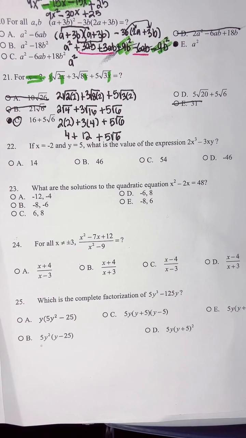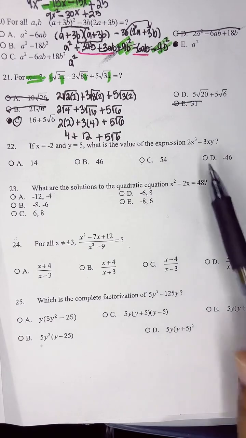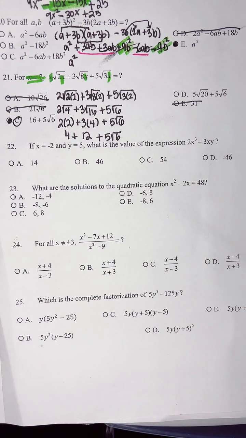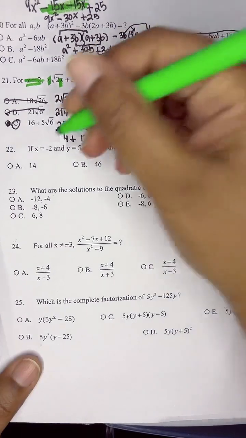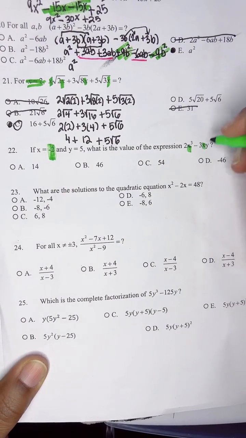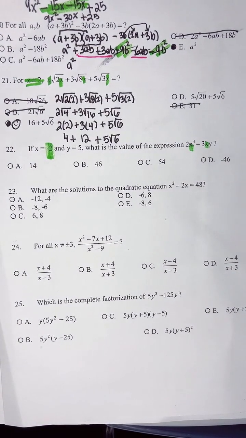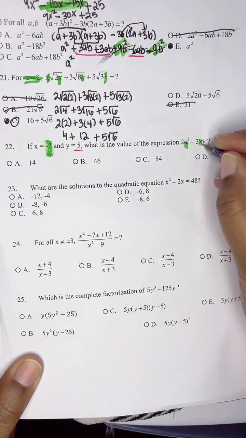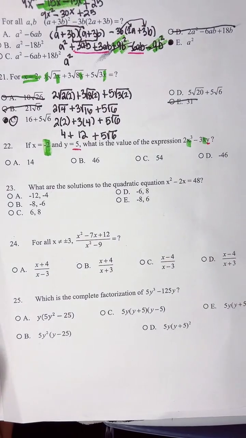Number 22. If x equals -2 and y equals 5, what is the value of the expression 2x to the third minus 3xy? All right. So again, they gave us -2 for x, so wherever I see an x, that's what I'm plugging in. Here I have a 5, so I'm plugging in 5 for the y.